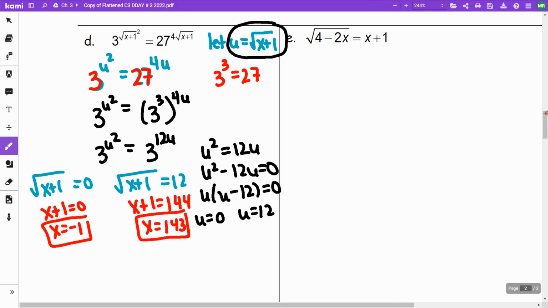On E, I have a square root equal to this, again, can't be negative.